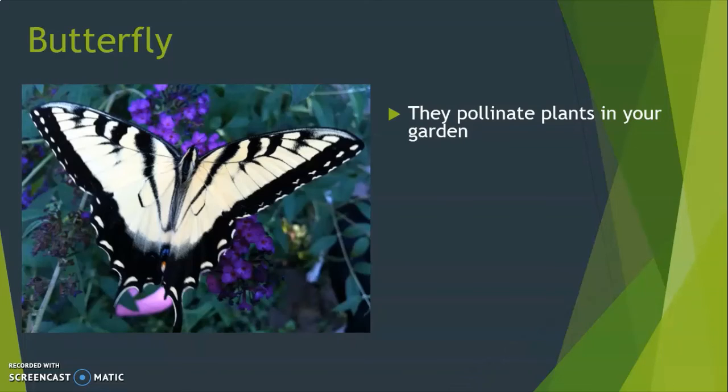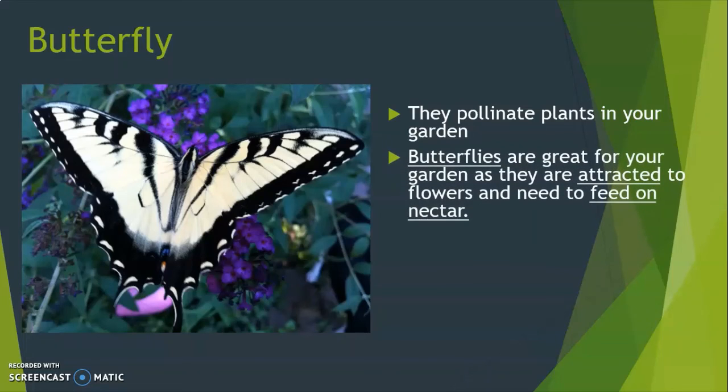So the butterfly pollinates plants in your garden, and butterflies are great for your garden as they are attracted to flowers and need to feed on nectar. That's why the butterfly is very important in our garden.